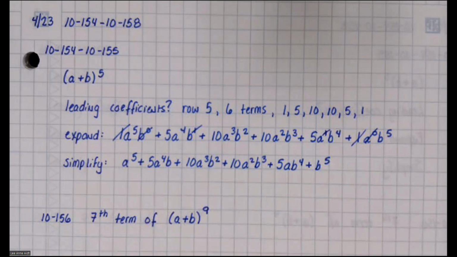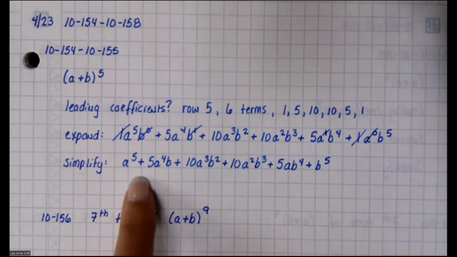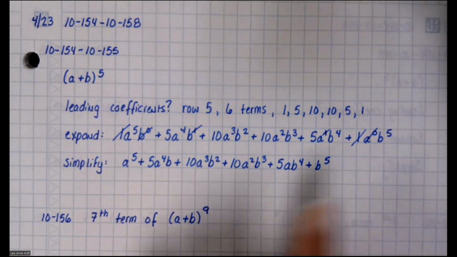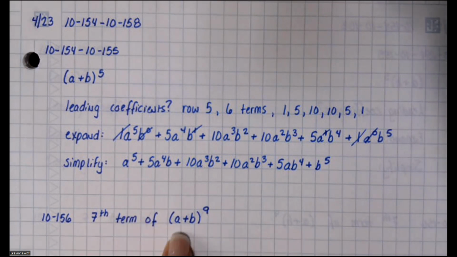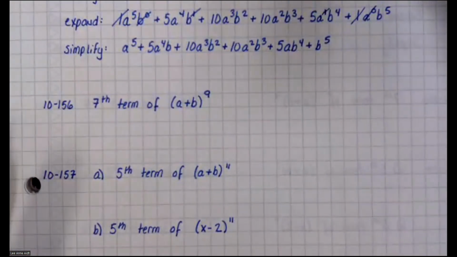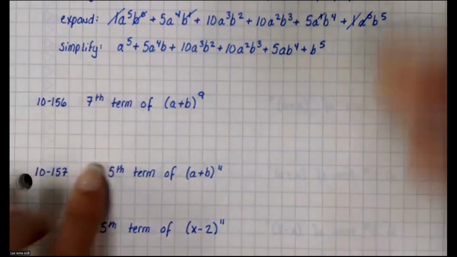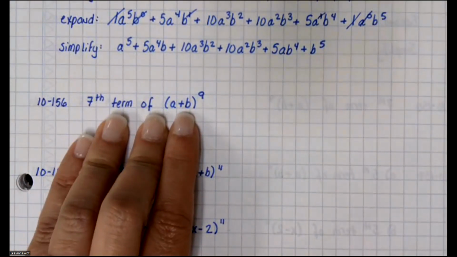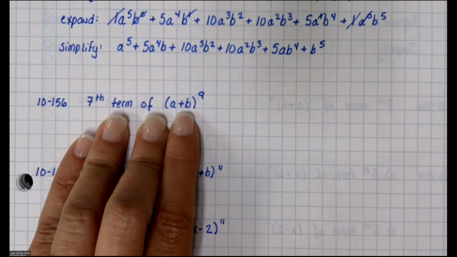I don't suggest it. Okay, so my next goal here in 156 is to teach you how to just get one of these. If it just wants one, it just wants the 7th one. This one clearly wouldn't have a 7th one because there's only 6 of them. But anyway, okay. So, all right. 7th term of a plus b to the 9.